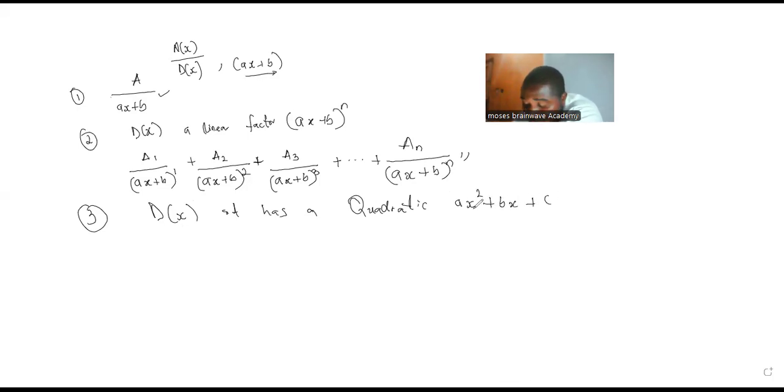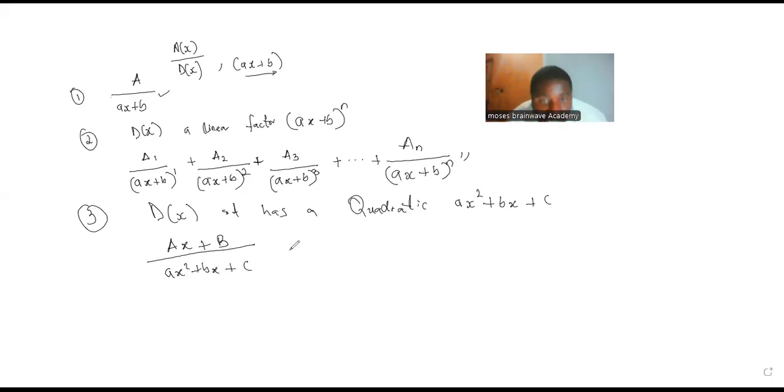So once you see this appearing in the denominator, the concept is that you're going to have the partial fraction of this form: a constant, which you have done an example, plus another constant, then the quadratic is going to come below, x squared plus bx plus c.